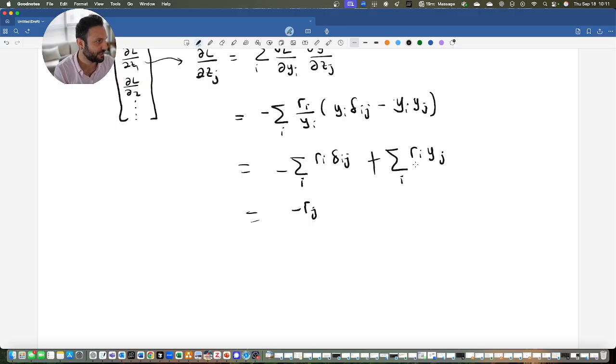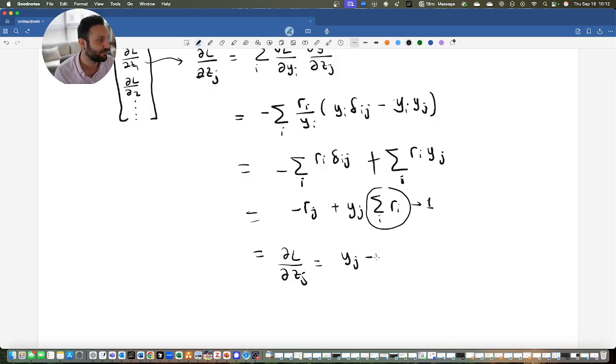And if I were to calculate this, this is a counter over i. So this yj can go outside. So plus this yj. j has nothing to do with i. This can go outside, and the summation over all of the i's of yi, and guess what? This is 1. And therefore, my dL over dzj is nothing but yj minus rj.